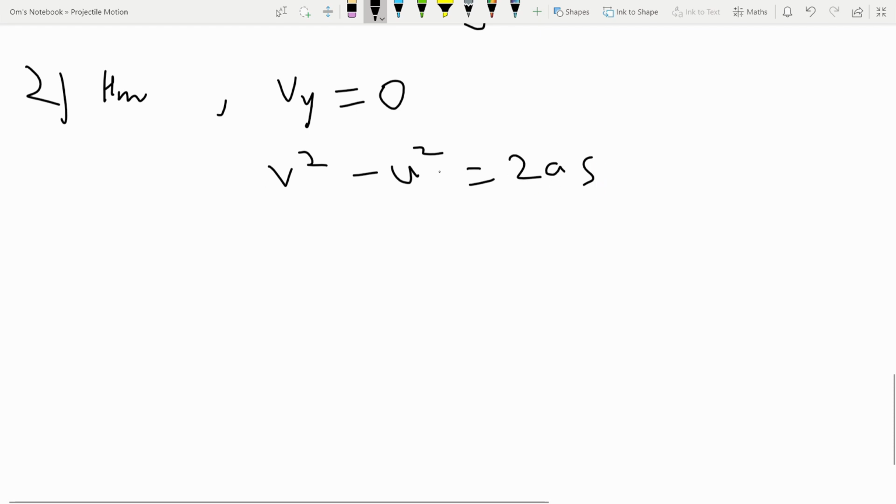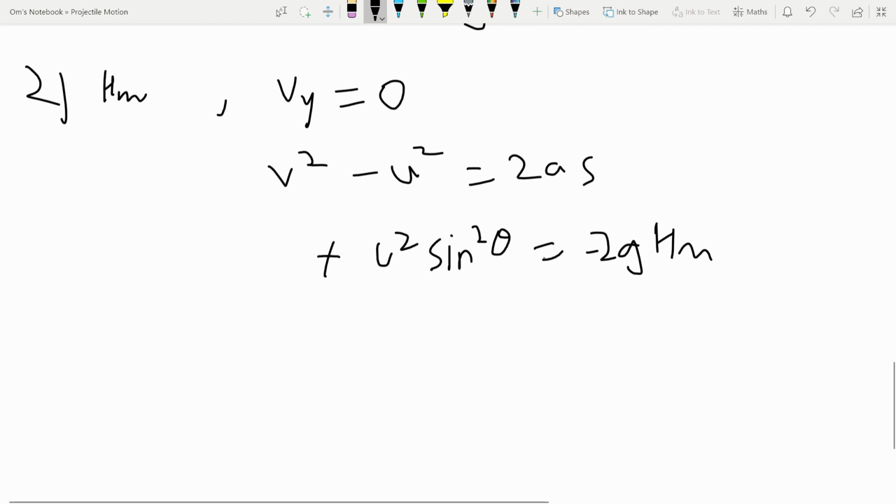Now v is obviously equal to 0, and u is here again uy, so minus u square sine square theta, because uy is obviously u sine theta, is equal to minus 2g and hm over here.